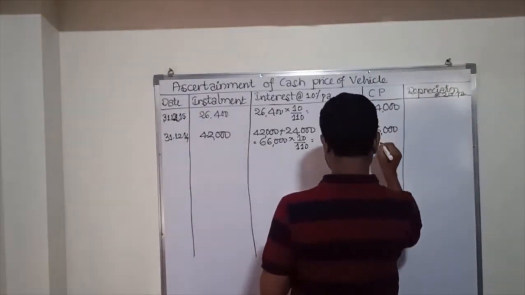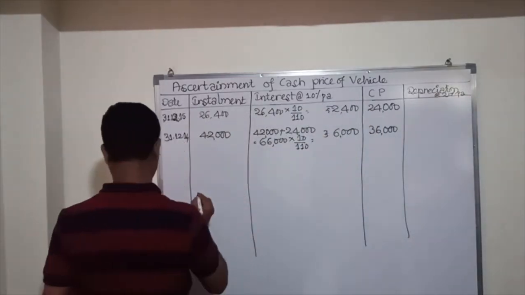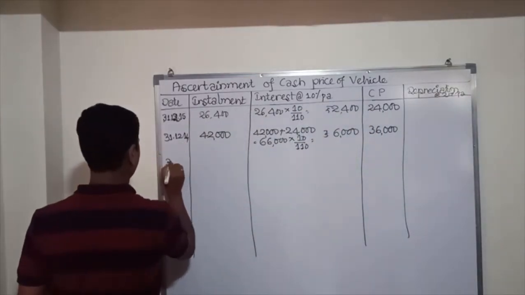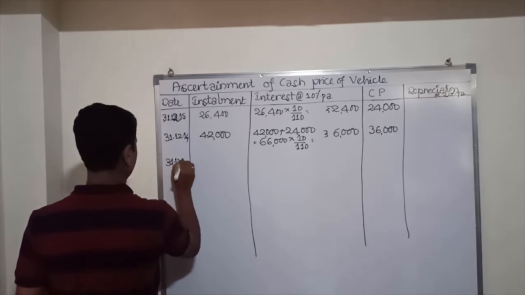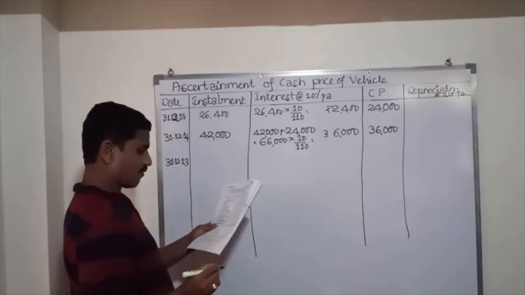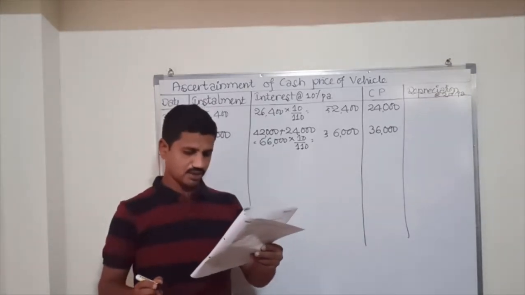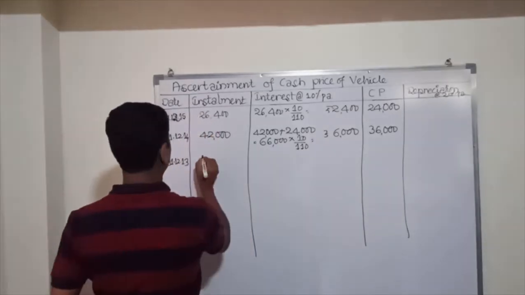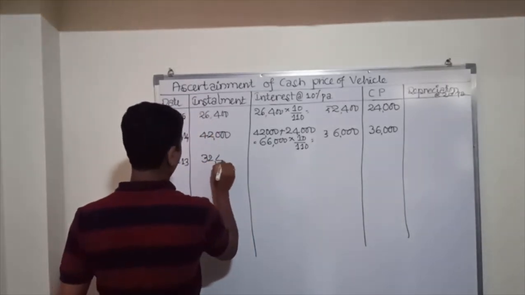Then the next one, the first installment is due on 31/12/2013. The amount of installment given in the problem is 32,400.